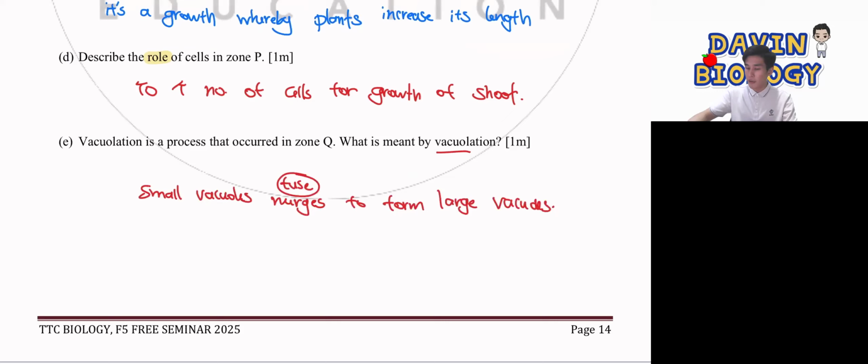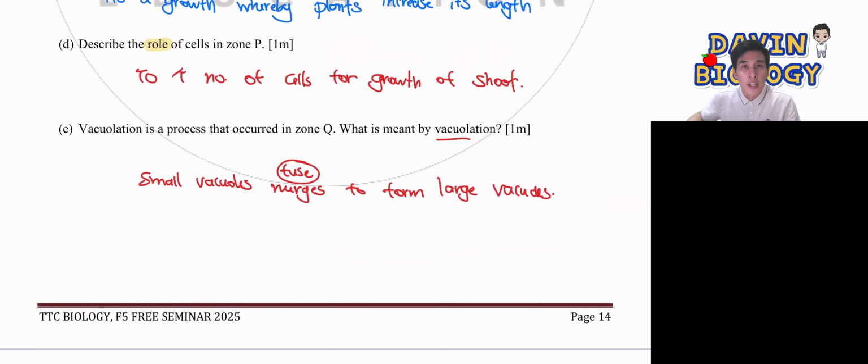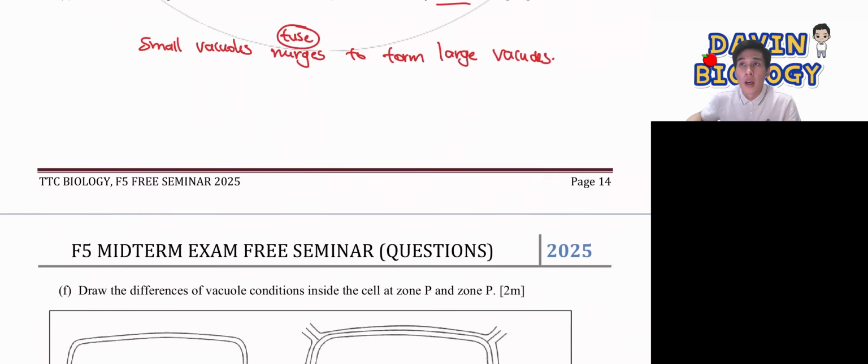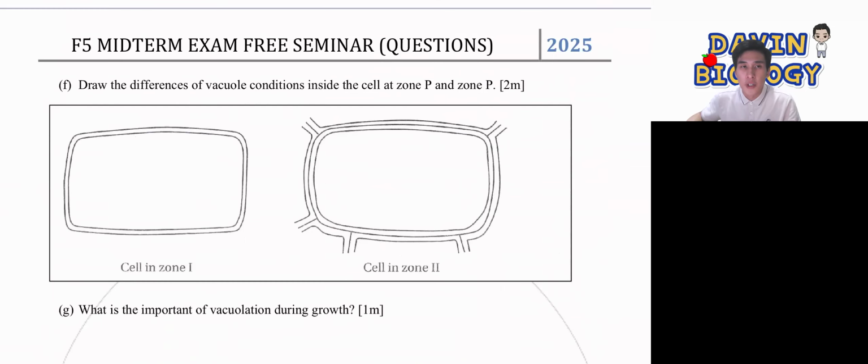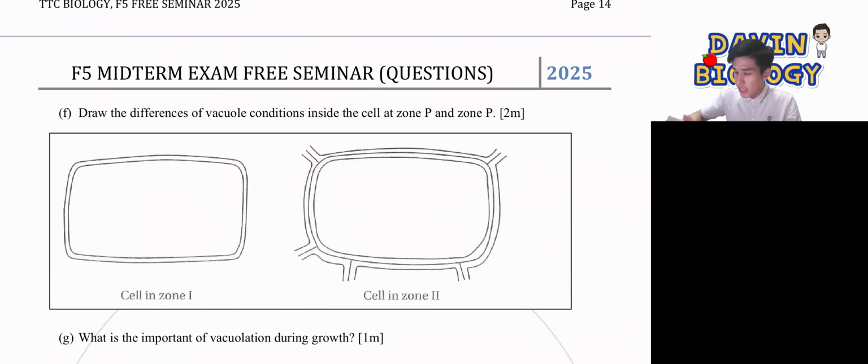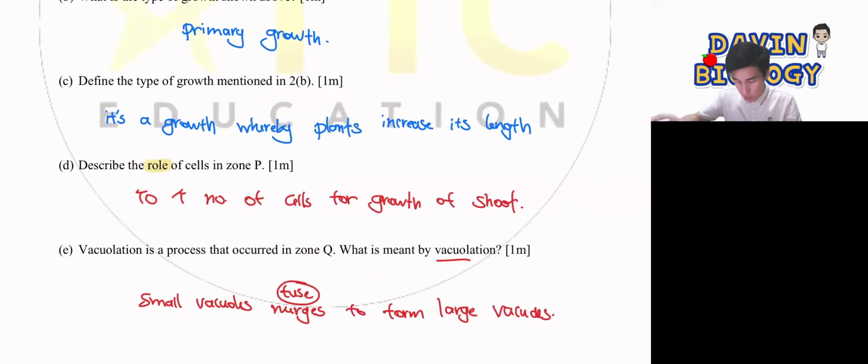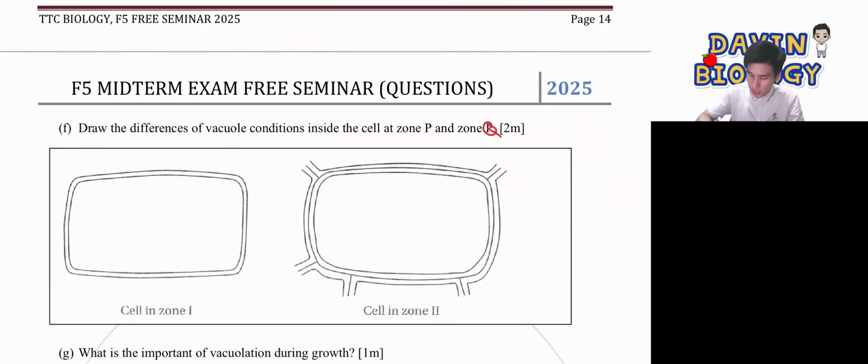All right. Then next, also a very typical one. This whole question we're doing is a very typical kind of question, nothing too special. Draw the difference of vacuoles shown in P and Q. Mistake here. This is actually P, this is actually Q. So P is the zone of cell division. Now when you draw the vacuole, you just have to mainly show the vacuoles.